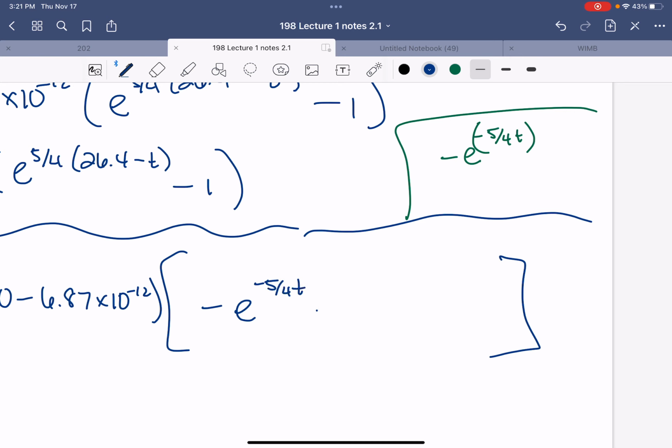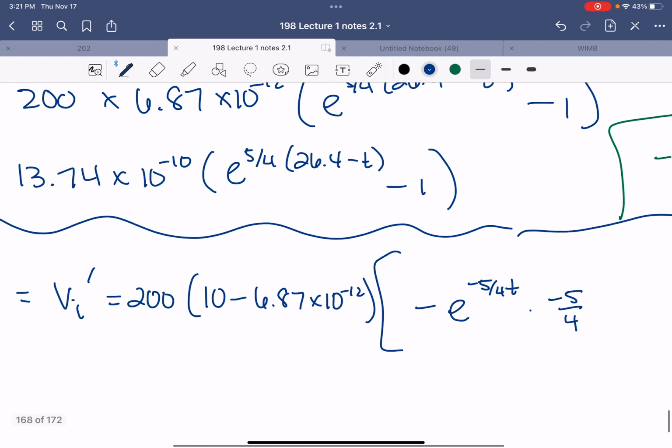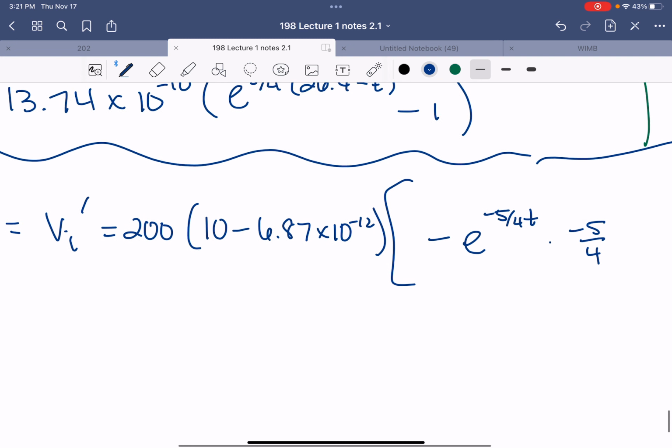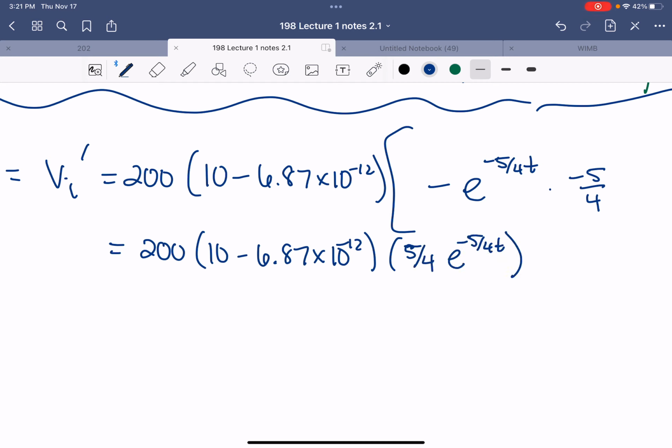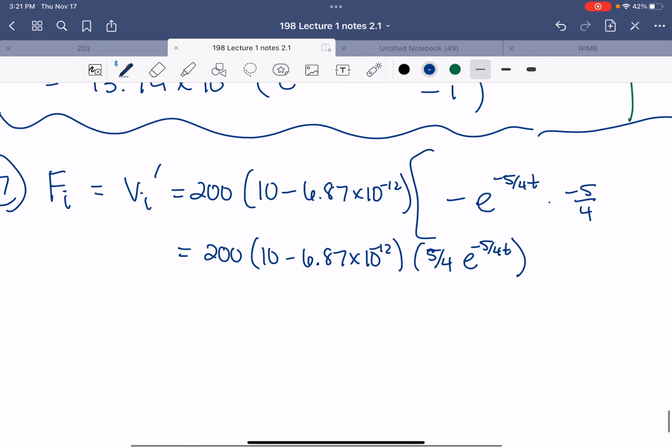But chain rule says then you've got to multiply by the derivative of what's inside. So I'm going to have to multiply here by negative 5/4. Okay, and those two negatives are going to cancel out for me. So this is going to be 200 times 10 minus 6.87 times 10 to the negative 12. And then I'm going to have positive 5/4 e to the negative 5/4 t. And that's my FI. That's my first part of the flow.